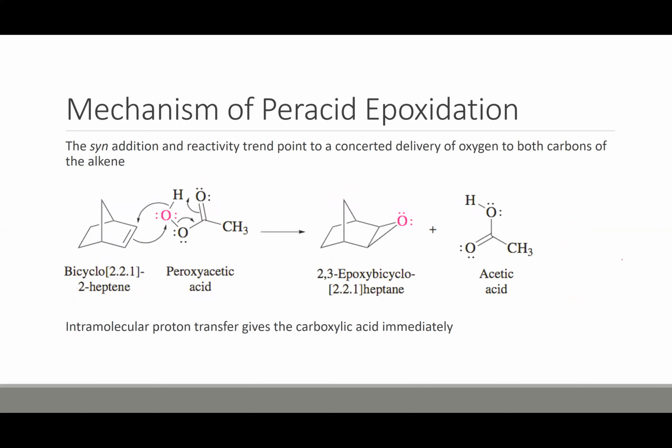This syn reaction and the syn addition actually comes from the mechanism of action in epoxidation. It's a very intriguing way that oxygen is delivered. The oxygen that is delivered is actually this oxygen attached to the hydrogen on the peroxy acid. What happens is this double bond is going to donate electrons to grab this oxygen, which then breaks off of our main acid, forming a double bond here.